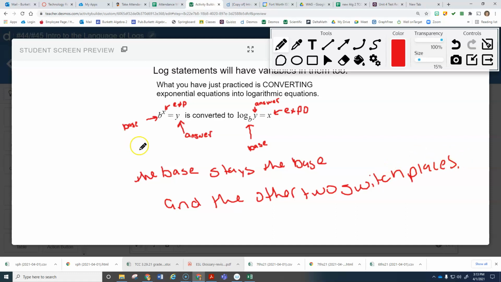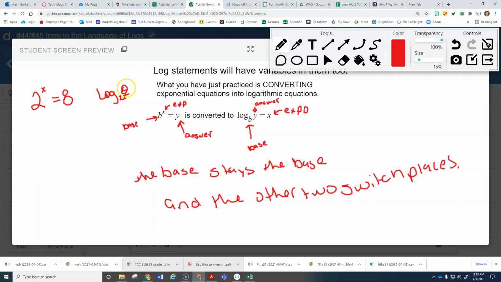Okay, so if you want to convert 2 to the x power equals 8 into a log equation, the base of the exponent stays the base of the log, and these other two switch places.